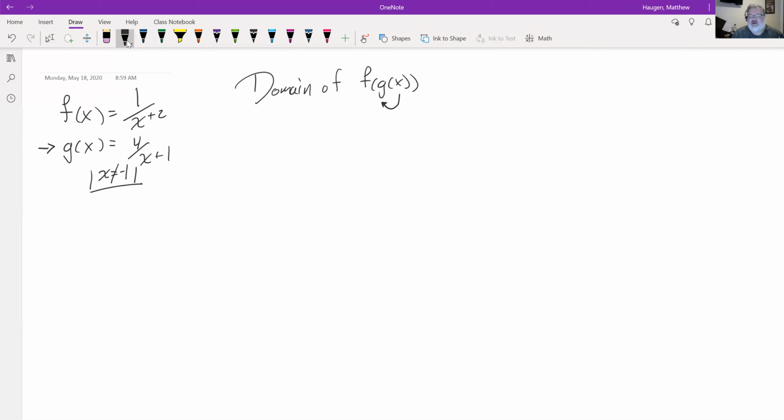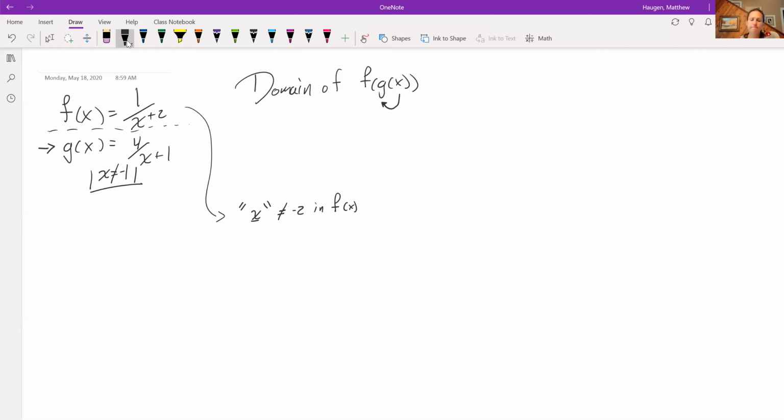Okay, so then we look at f. f has a natural domain restriction. What's f's natural domain restriction? Negative 2. So x, I have hopefully very conspicuously put it in quotes, x cannot equal negative 2 in f of x.